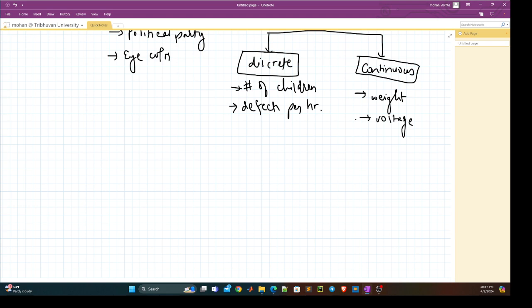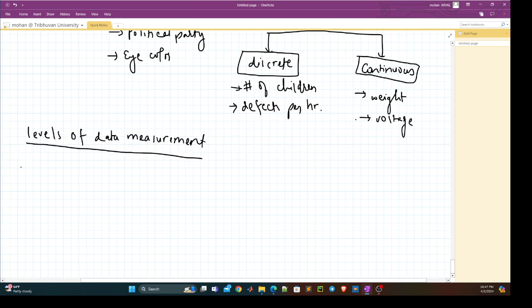So, levels of data measurement. Here there are 4 levels of data measurement, right? We have seen it in the introduction also.